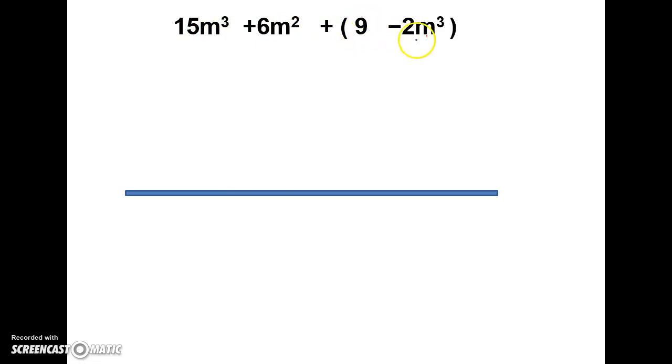This one doesn't have an m. And I have a couple of m's that are m to the third, and an m to the second. So I'm going to group them together based on their degree. I like to start off with the highest degree, which is m to the third.